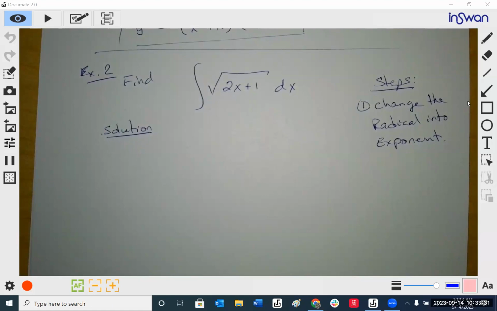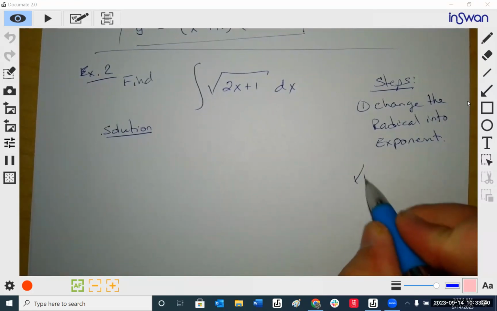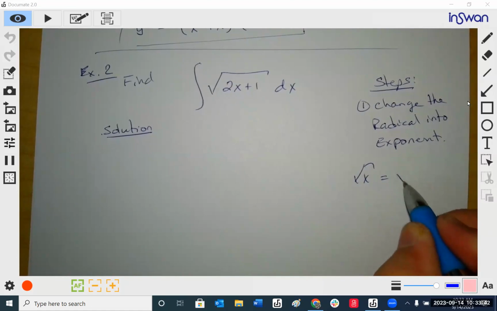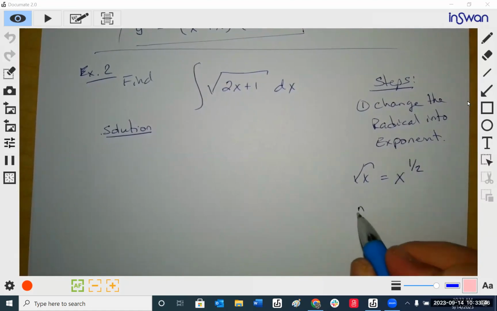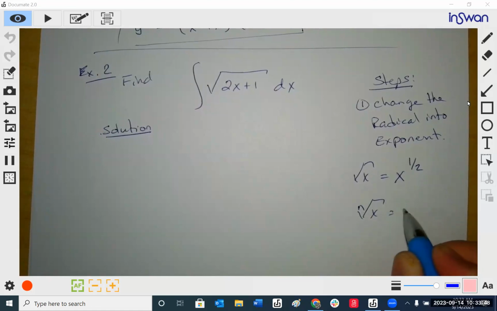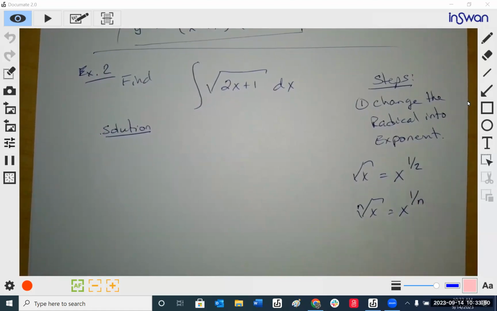So what is a radical? What does a square root symbol become? Power 1/2, yeah. The square root of x equals x to the power 1/2, or the nth root of x equals x to the power 1 over n, whatever the root is.